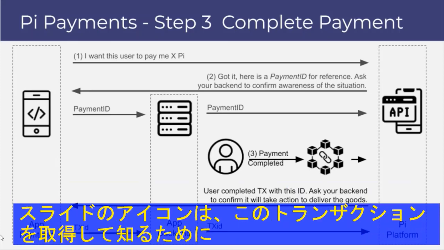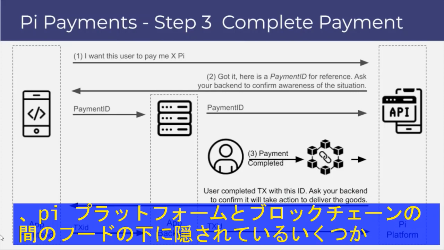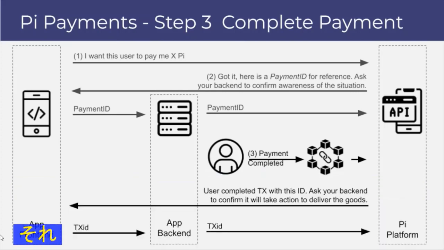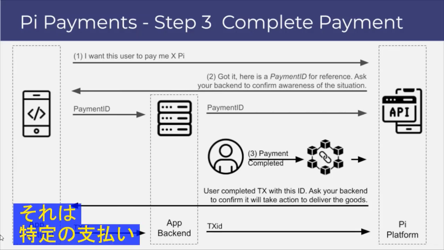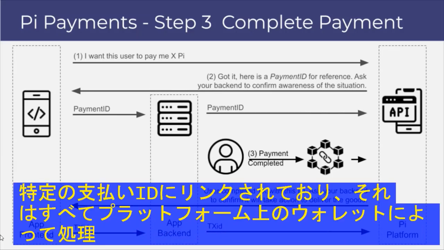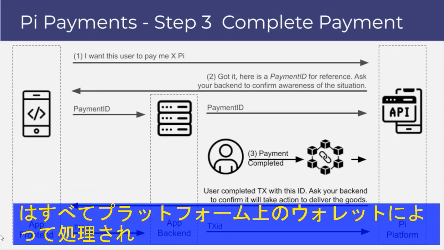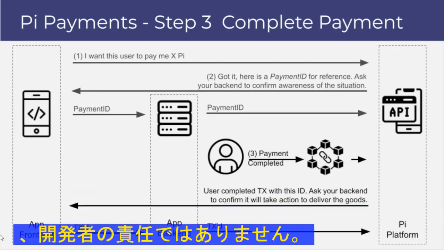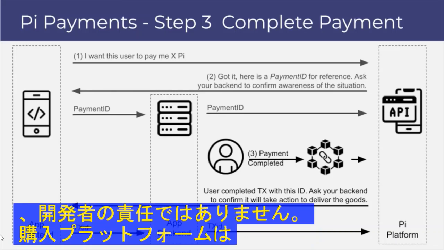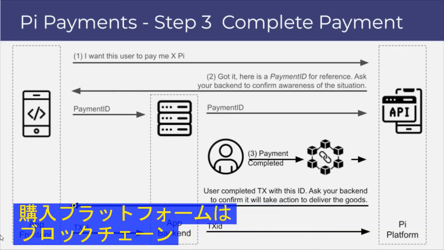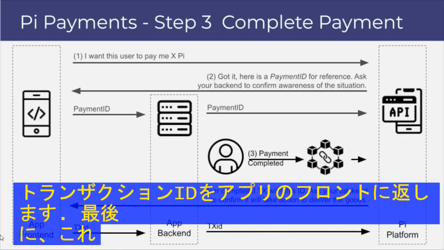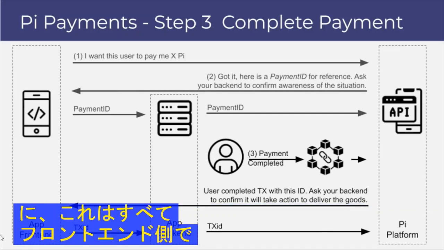There is some interaction that is hidden under the hood between the Pi platform and the blockchain in order to pick up this transaction and know that it is linked with a given payment ID. And that is all handled by the Pi wallet and the platform, and none of it is the responsibility of the developer. Now, what happens is the Pi platform is going to return the blockchain transaction ID to the app's front end.